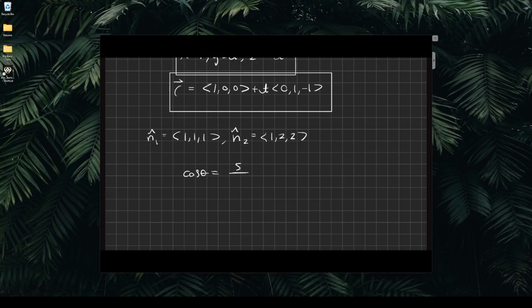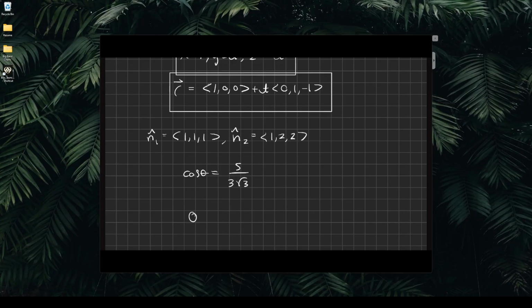The norm of n1 will be 3. So we'll have 3 root 3 we can write. And because n2 would be 1 squared plus 4 plus 4, 9, which would be 3. So we'd have 3 times square root of 3. Okay.